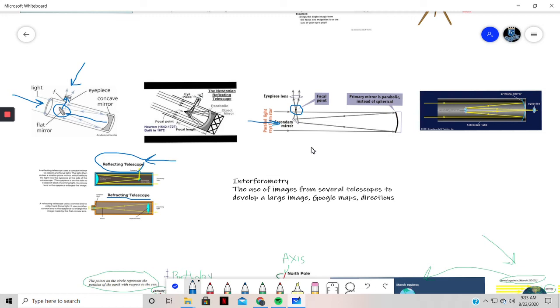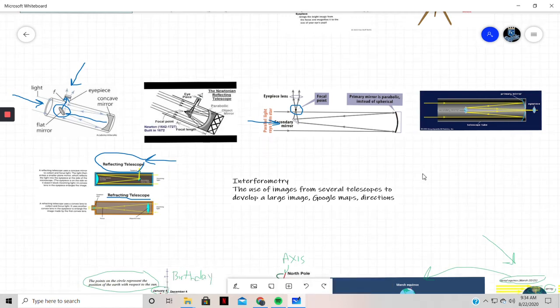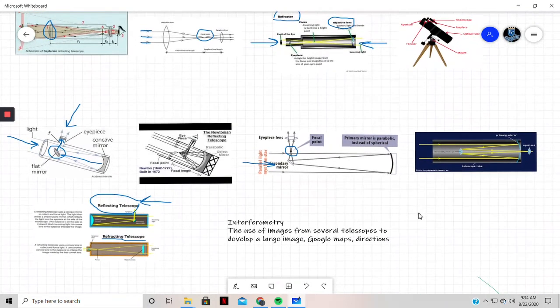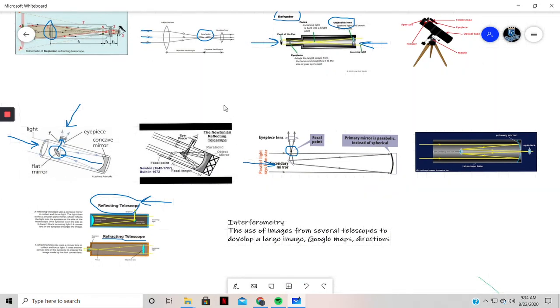Alright, let me close this out. Actually no, because I do need to close it out and bring this down a little bit so we can see the refracting, because I want to use this diagram here as part of my interferometry talk.